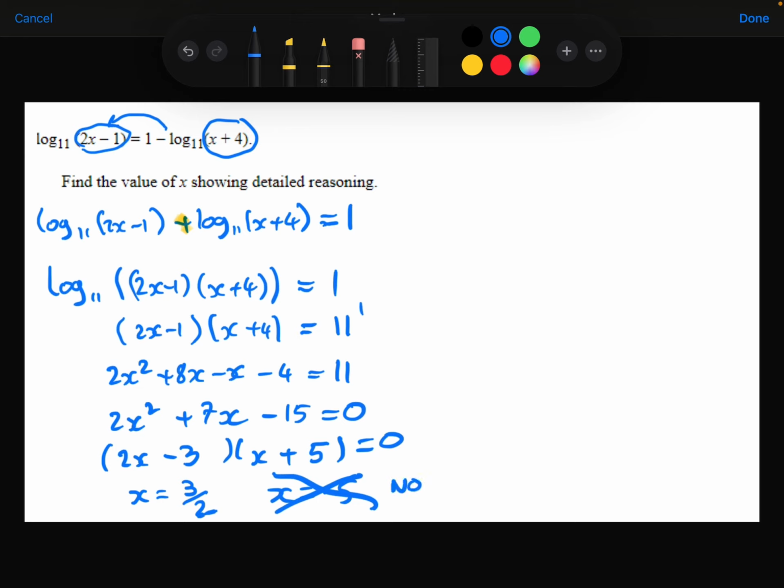It does say to give detailed reasoning, so I'm going to explain that here. I'm going to say not valid as logarithms are not defined for negatives.